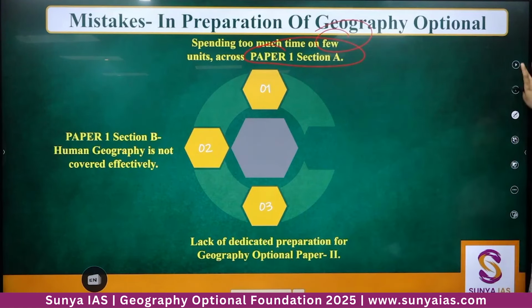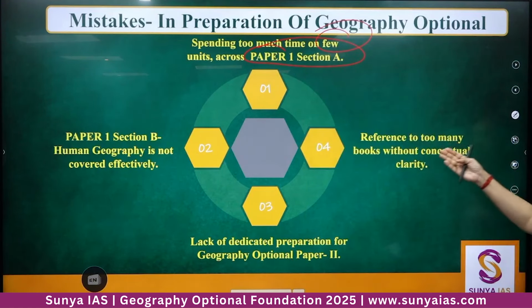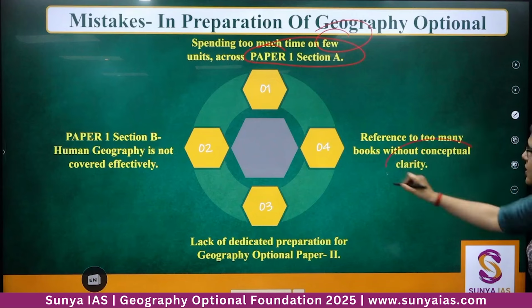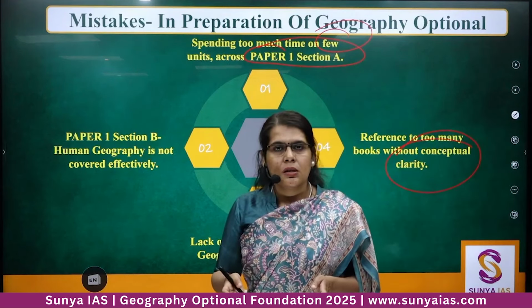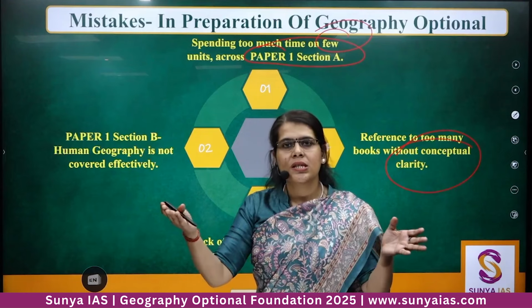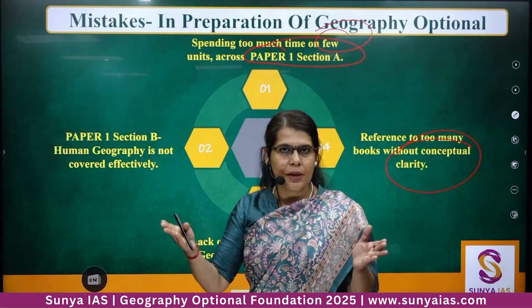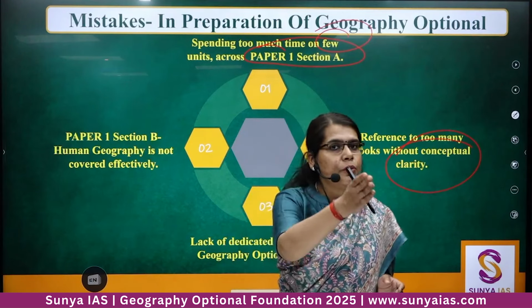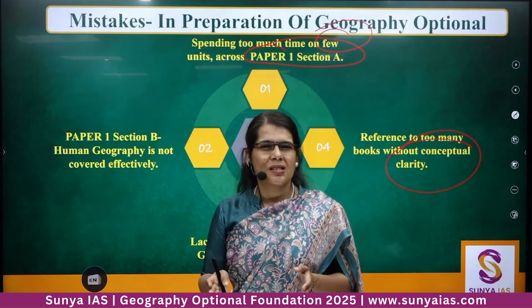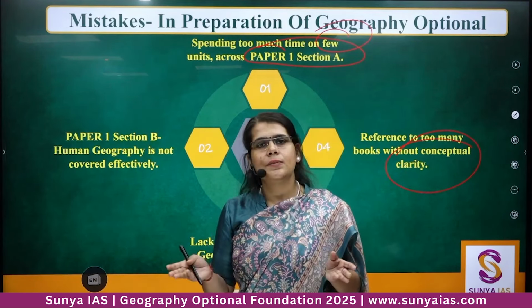And the fourth mistake, that is reference to too many books without conceptual clarity. Now this is a fundamental error, isn't it so? Because geography has a lot of notes, a lot of study material which is available in the market. So you tend to refer to too many books or too many notes without having conceptual clarity.